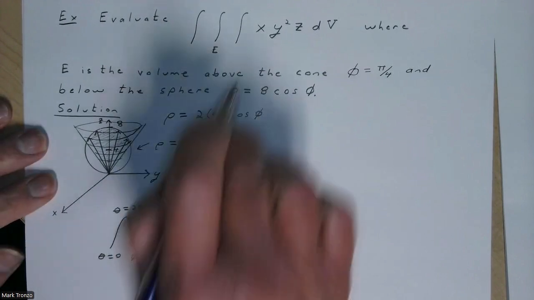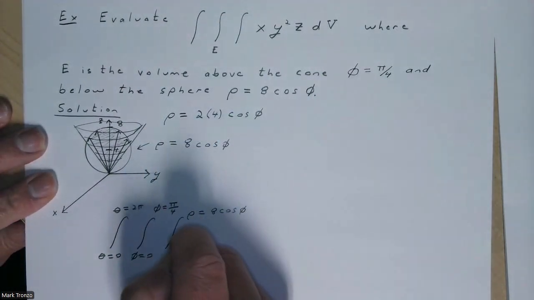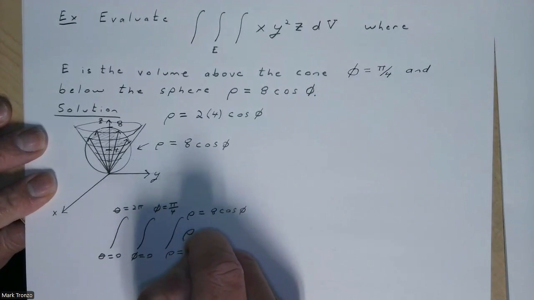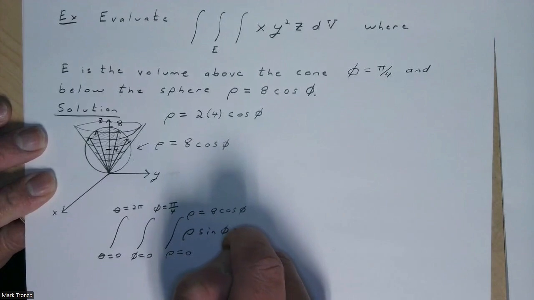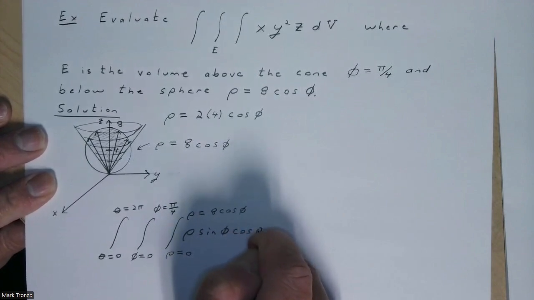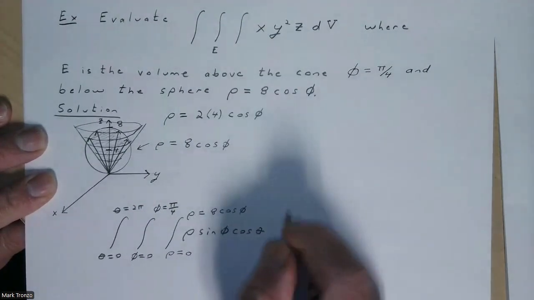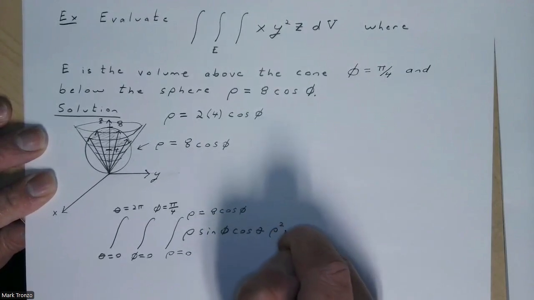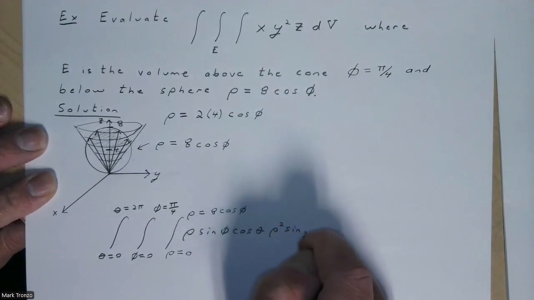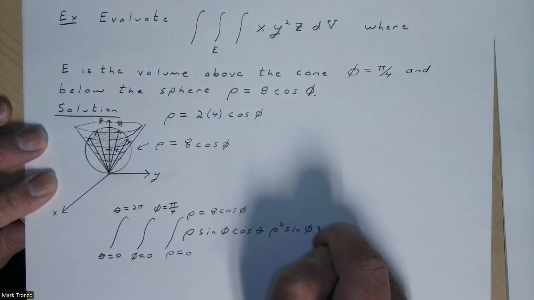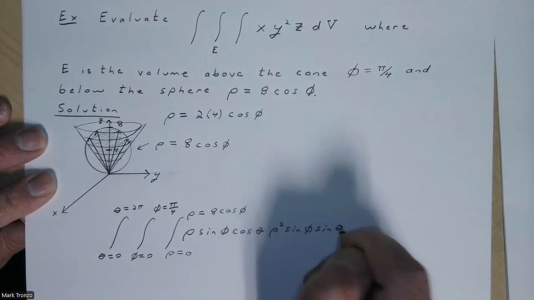Again, make our substitutions. Remember, x is rho sine phi cos theta. Y is rho sine phi sine theta.